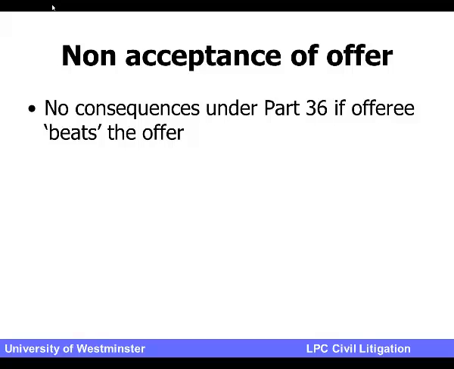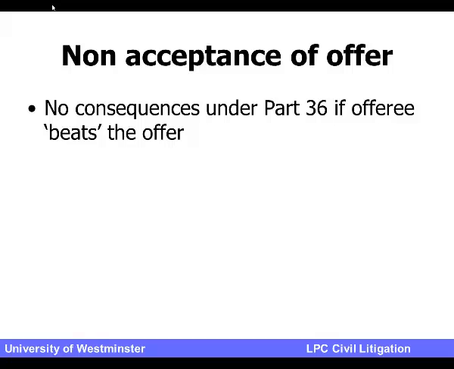So the defendant, the offeree, has beaten the offer. In the case of a defendant, they beat the offer where they pay less than what the court orders. They pay less under the judgment than what the offer was. So if the defendant pays less, they've beaten the offer and there's no consequences.